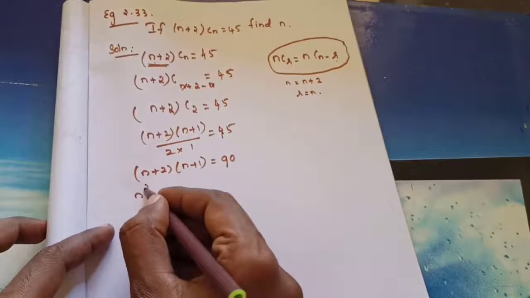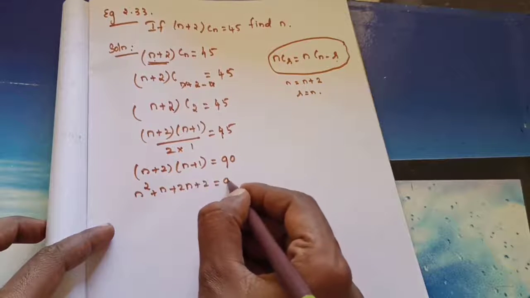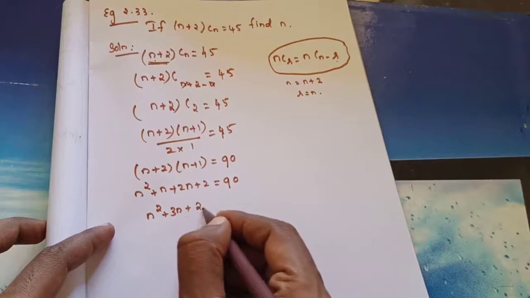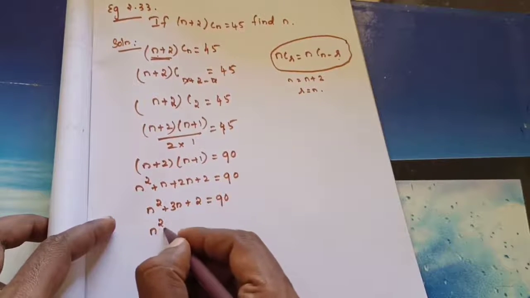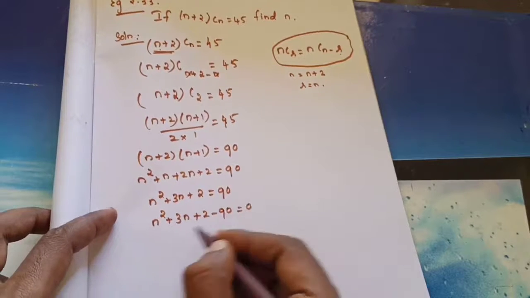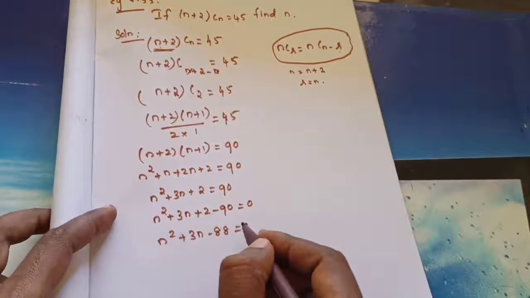Multiply inside, n square plus n plus 2n plus 2 equal to 90. So n square plus 3n plus 2 equal to 90. Now you can bring this to here. n square plus 3n plus 2 minus 90 equal to 0. So n square plus 3n minus 88 equal to 0.